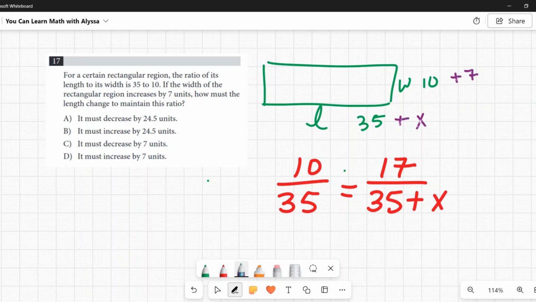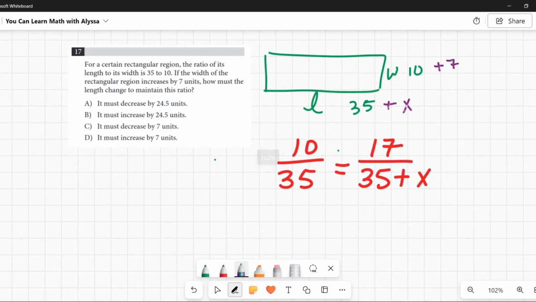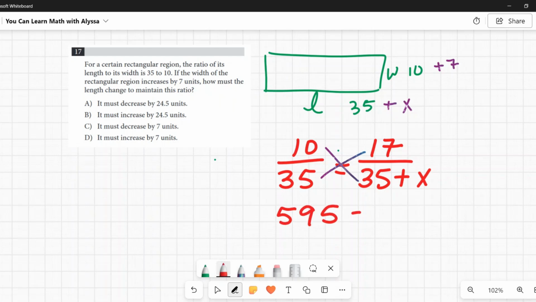And I can solve for x. And so I can cross multiply. I can do it like this. 35 times 17. That is 595. And when I'm cross multiplying these, I'm distributing. 10 times 35 is 350, and 10 times x is 10x.